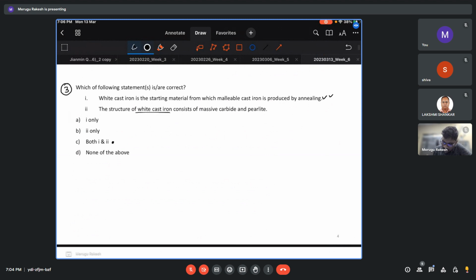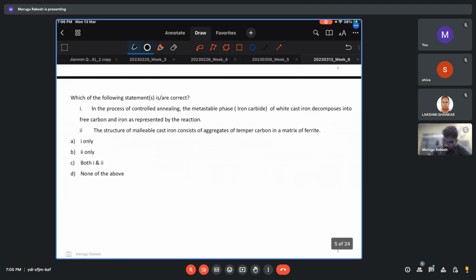That is also true, the reason being that silicon percentage is less in this, as well as carbon also less. So option C is the correct answer. Okay, let's move to the next question.